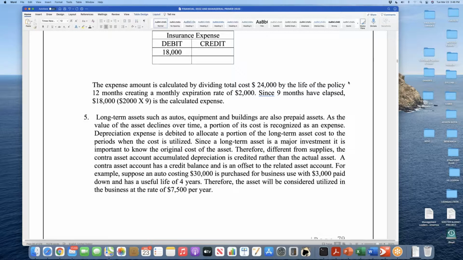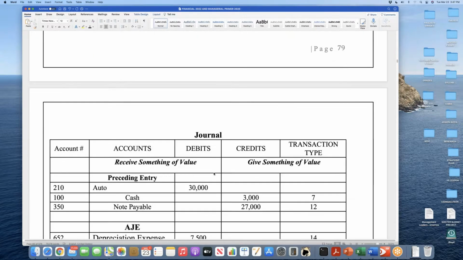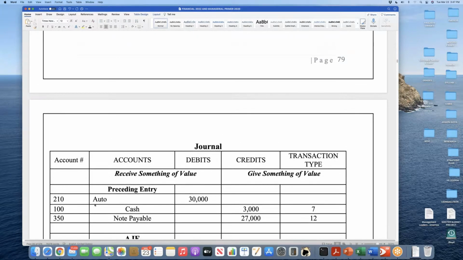Suppose you buy an auto at a cost of $30,000, paid $3,000 down, with a useful life of 4 years. So in 4 years, that asset will have totally depreciated. Our preceding entry: debit auto, credit cash, credit note payable. Can y'all make that entry?